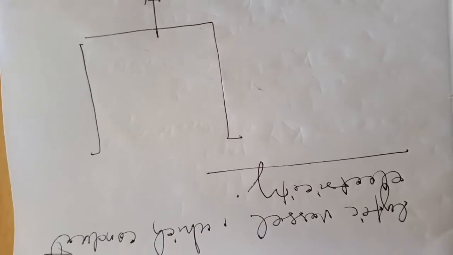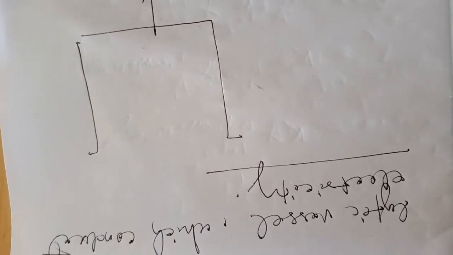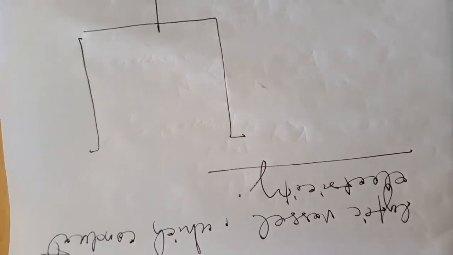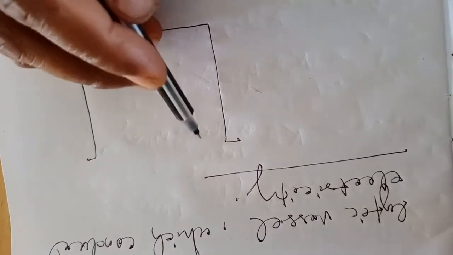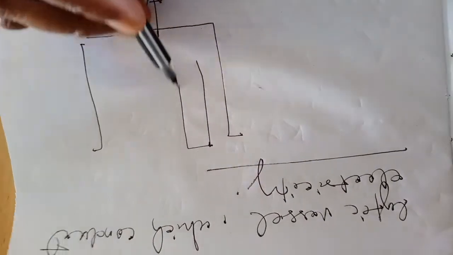Suppose this is the electrolytic tank, and suppose we have taken the electrode. This is the metal plate.